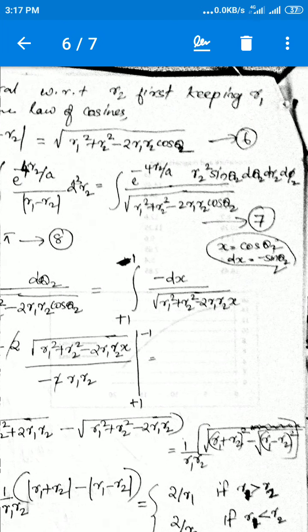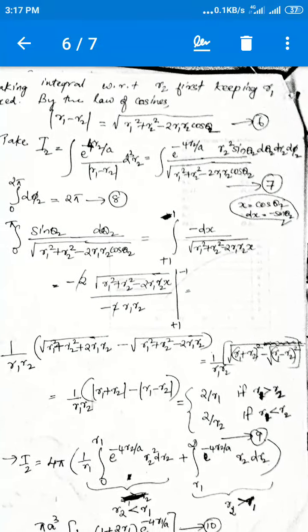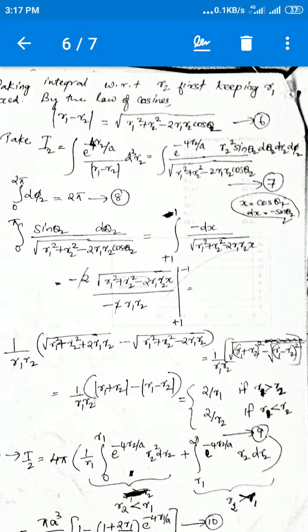Okay, so the integral from 0 to 2 pi d phi 2, the third term, d phi 2 will be 2 pi, equation 8. And now let us take the integration of the theta 2 term. So only take that part. I have taken 0 to pi. The integration of the theta 2 part will be 0 to pi only.